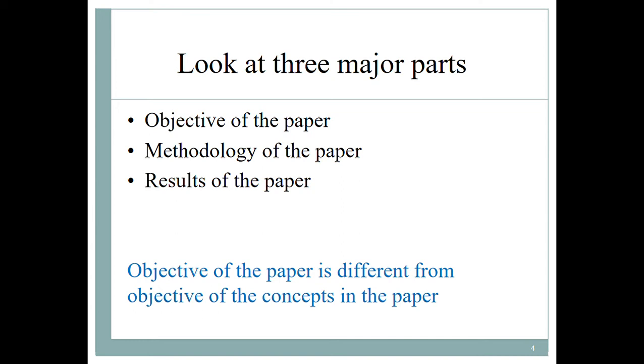This is not the objective of the paper. This is the objective of lean manufacturing. Maybe the paper is talking about lean manufacturing, yes, but this is not the objective of the paper. So you must know the difference between both of them.